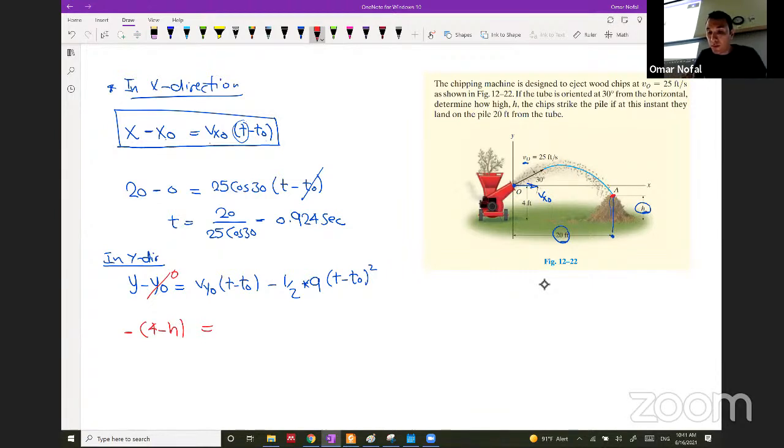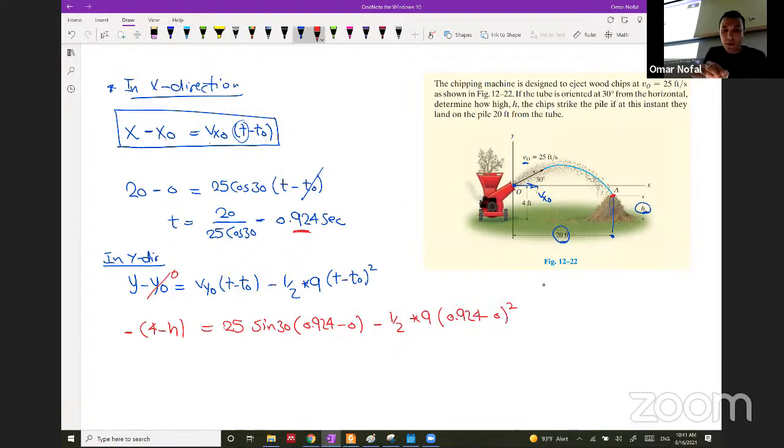The vy node is equal to v node sine 30, so it will be 25 sine 30. We know the time from before, 0.924 minus 0, and then minus half multiplied by g, times 0.924 minus 0 squared.